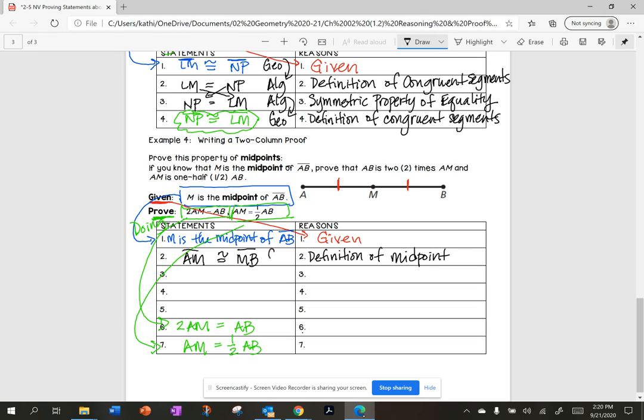Now, this is in geometry. We're talking about a shape. So I want to switch that to algebra. We're talking about distance and numbers. So the distance from A to M is equal to the distance from M to B. And that's the definition of congruent segments.